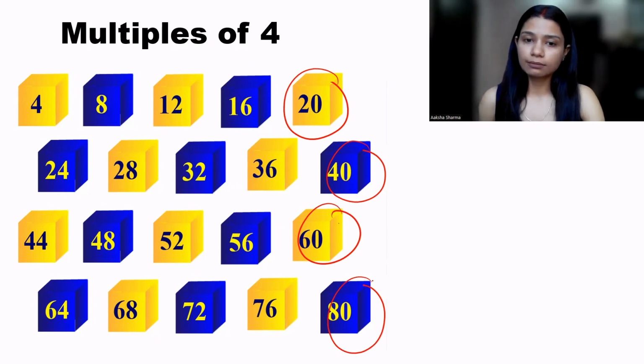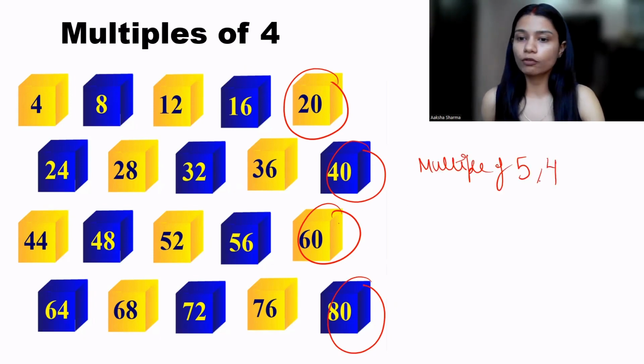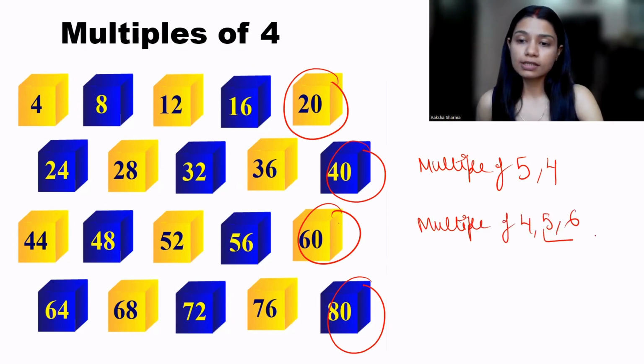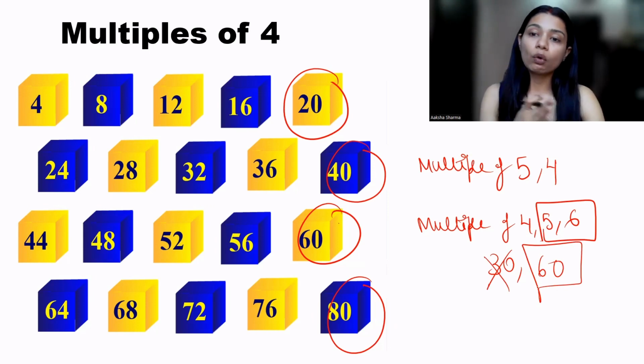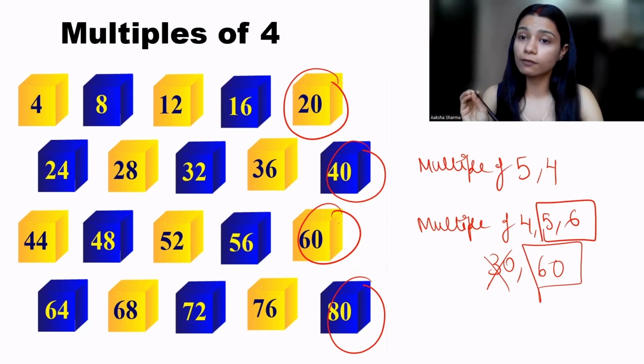Looking at these numbers, the common multiples of 5 and 4 are 20, 40, 60, and 80. But if I look at the common multiple of all three numbers, 4, 5, and 6, we shortlisted 30 and 60, and there is no 30 in the table of 4. So 60 is the only number that comes in all three tables, in the table of 4, in the table of 5, and in the table of 6.